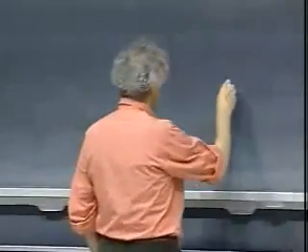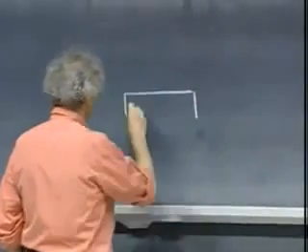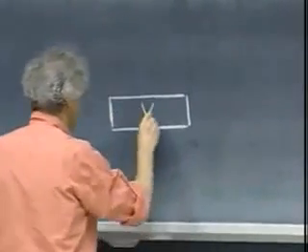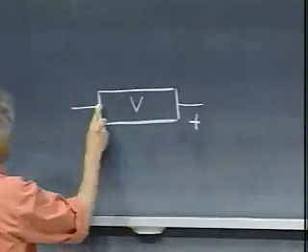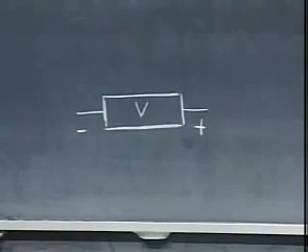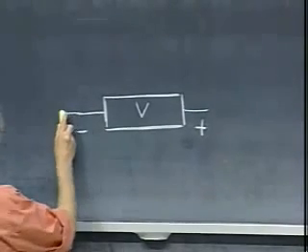We have often talked about power supplies, which are devices which maintain a constant potential difference. Here we have such a power supply, potential difference V, this be the plus side, and this be the minus side. I'm going to connect this.